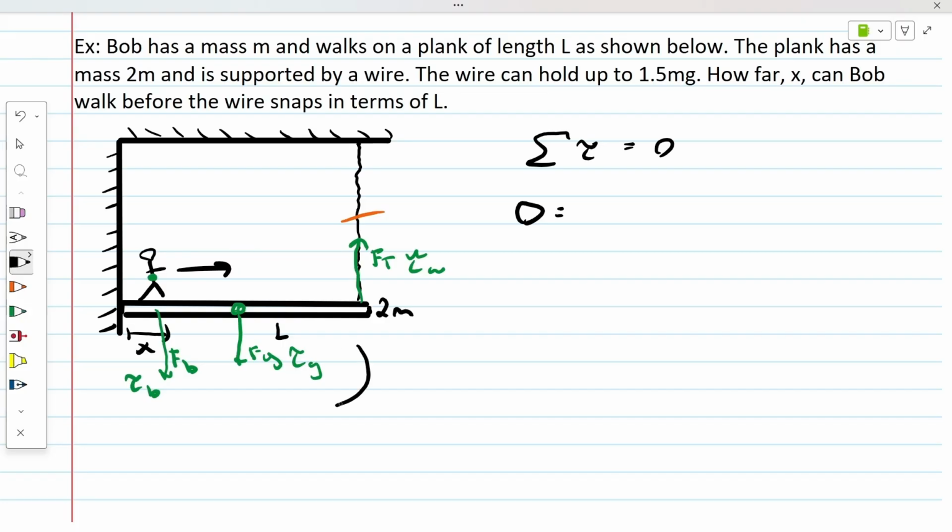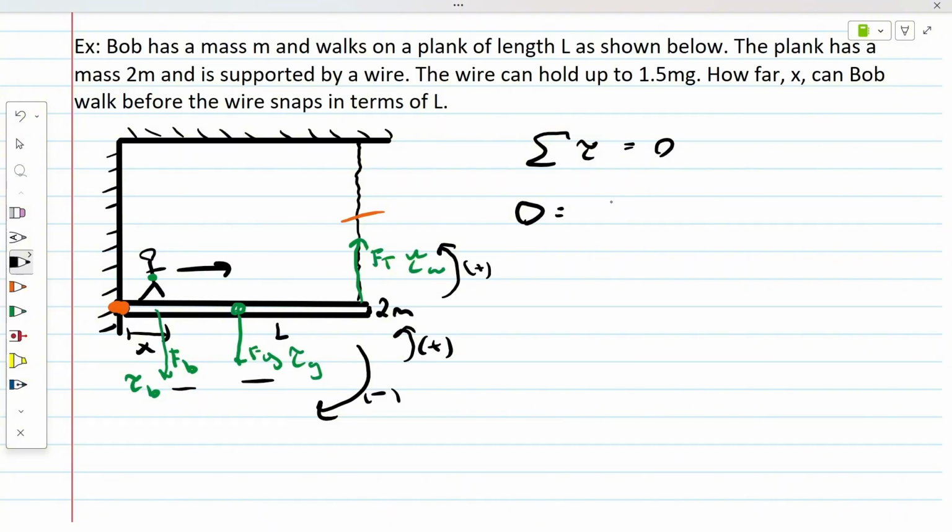So rotating this way is going to be negative, rotating this way is going to be positive. And so this Fg and this F of Bob is all causing this torque to be in the negative direction because it's pulling down from this is where the beam is rotating. I'll just write that in orange, that's where the beam is rotating. And so this force due to tension is rotating it upwards. So that's going to be a positive torque. And so we'll want to denote that in our equation.